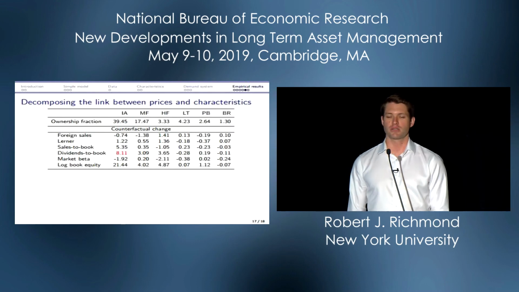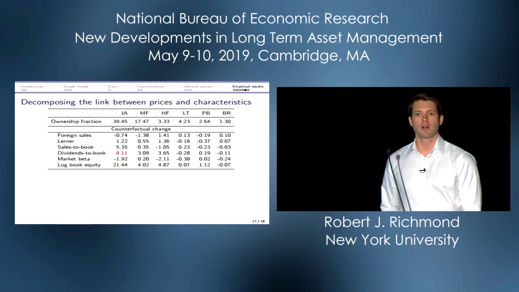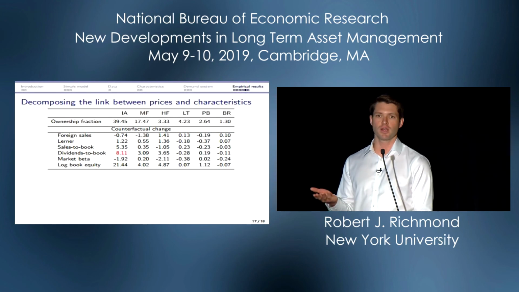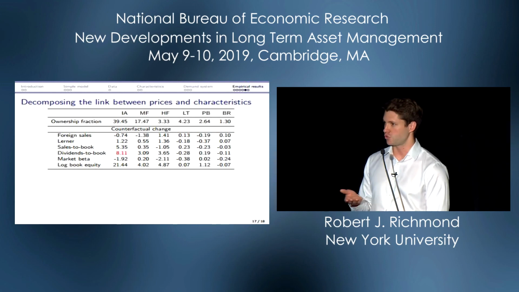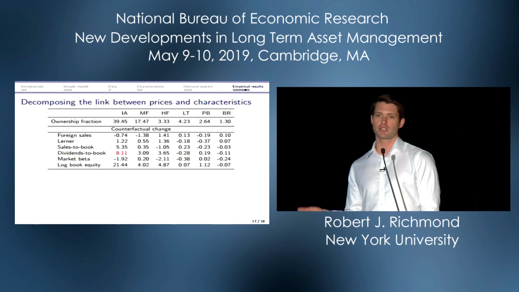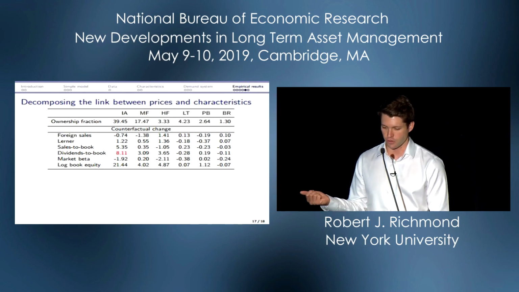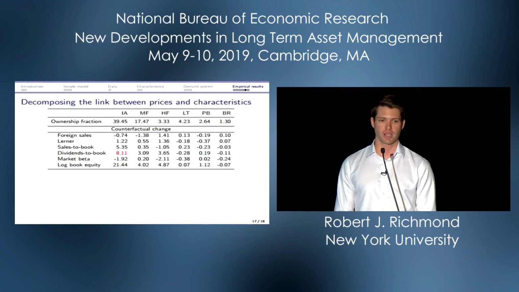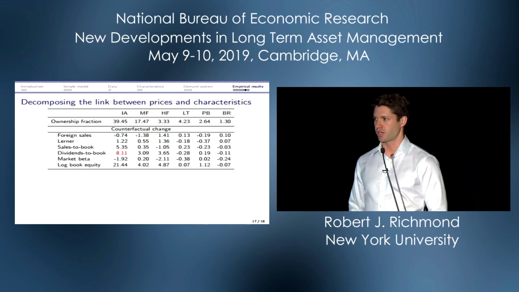That's partially because these long-term investors are mostly holding index portfolios. What about the relation between prices and characteristics? I said that we ran regressions of log market-to-book ratios on characteristics. What we're going to do is rerun these valuation regressions in our counterfactual scenarios with these new prices and see how the relation between market-to-book ratios and characteristics changes. What I'm giving you here is the change in the coefficient on the characteristic for market-to-book ratio for each of these counterfactual scenarios across columns.